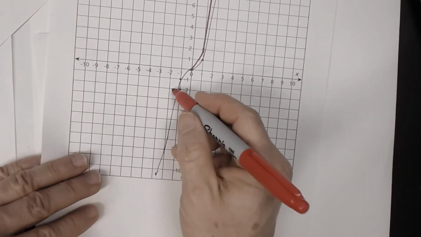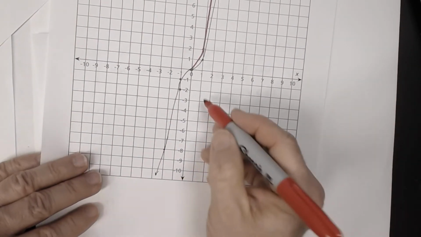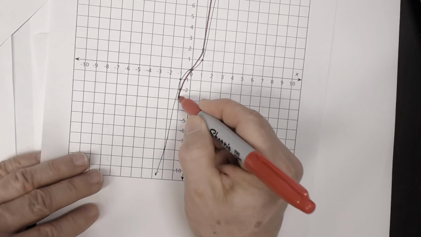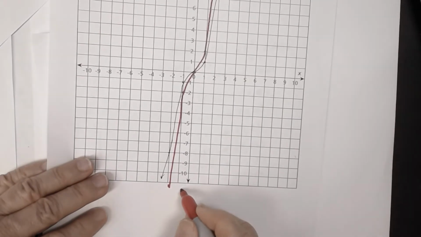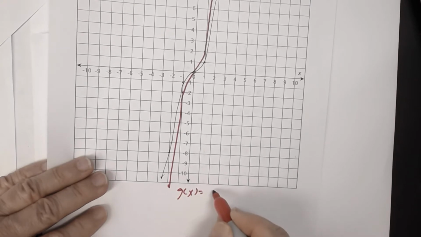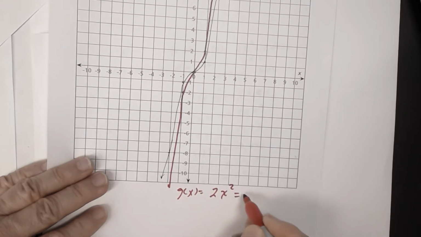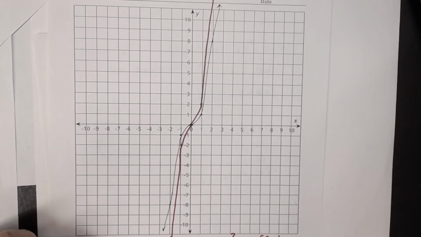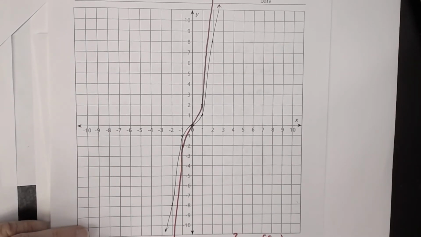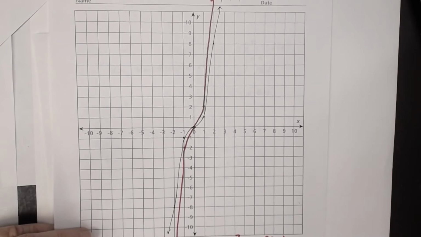So that's way down here, -2, -16. So I get this now. And so the red graph would be g of x, which is 2x cubed, which means 2 times f of x. All right? So that is how you can transform x cubed.